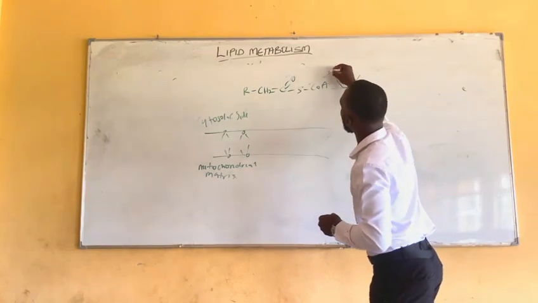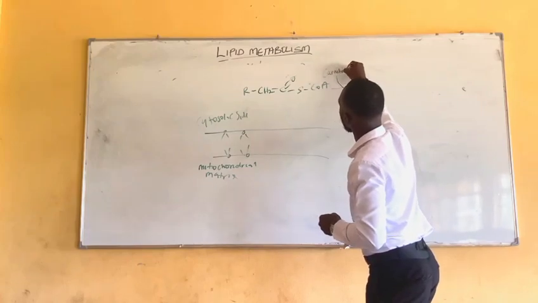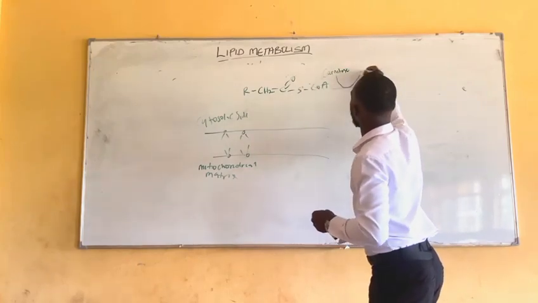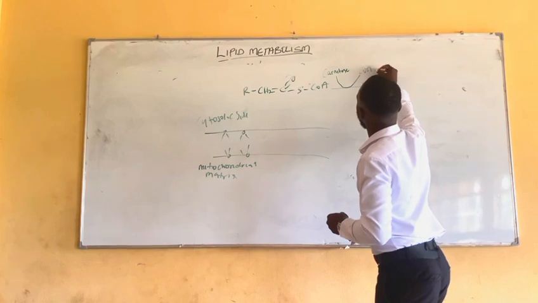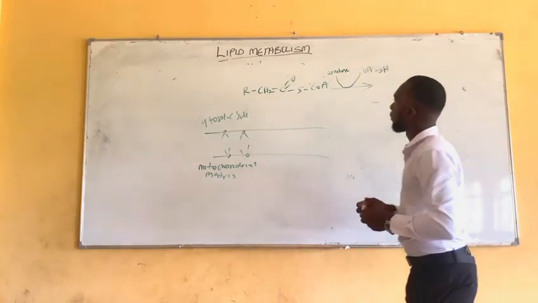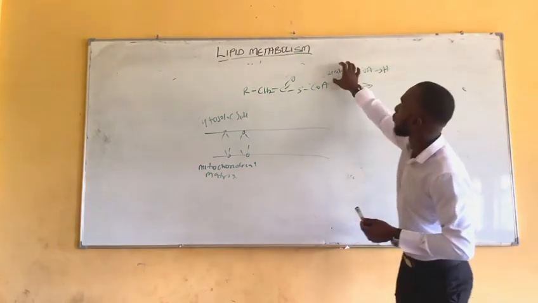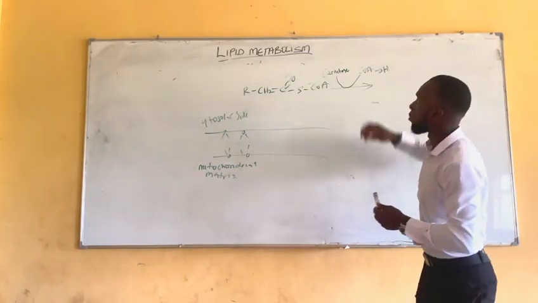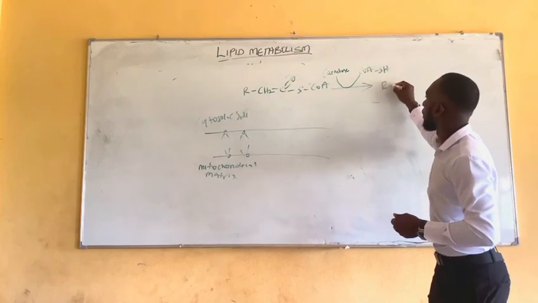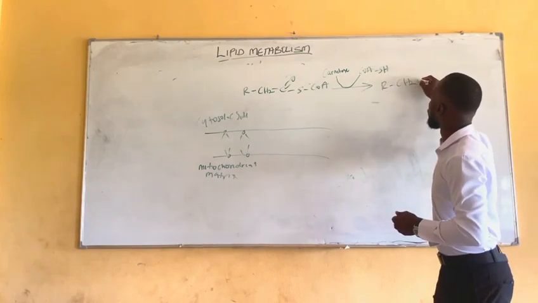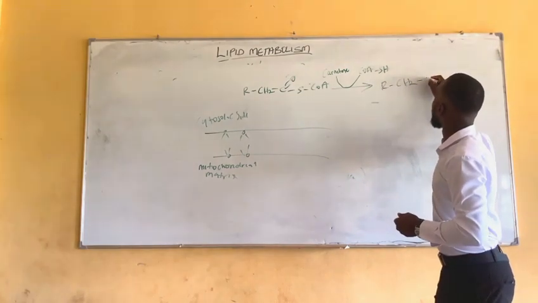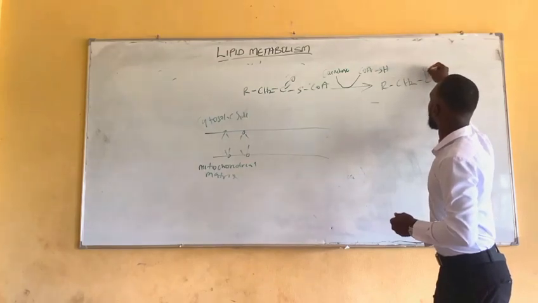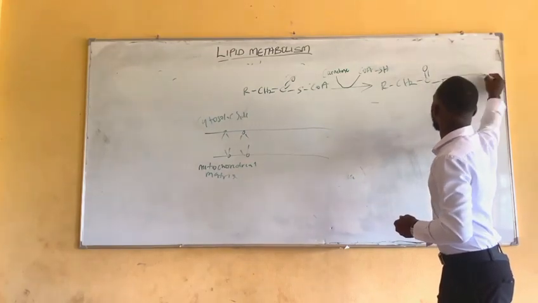Now carnitine will enter, and then this CoA will leave. So carnitine will then bind to this carboxylic carbon, with removal of the coenzyme A. So this now happens, and then it is bound to carnitine.